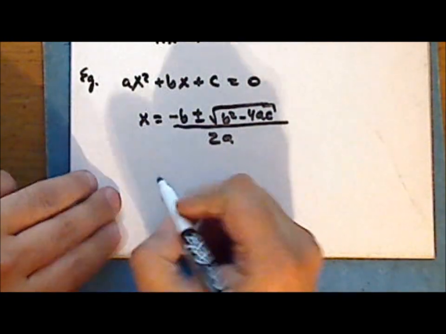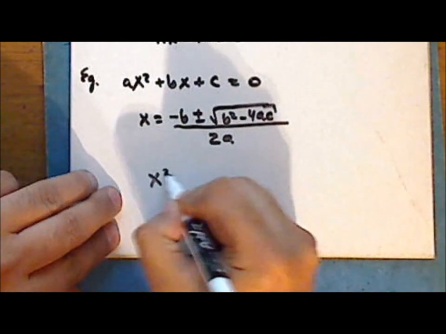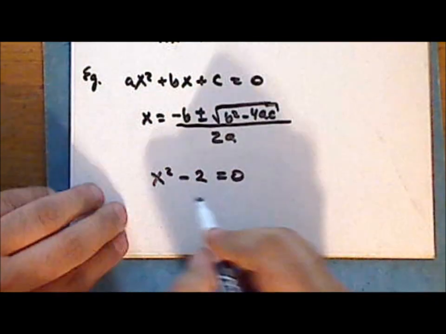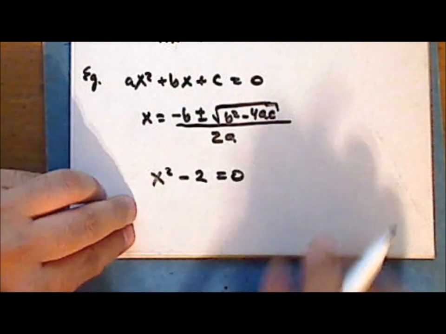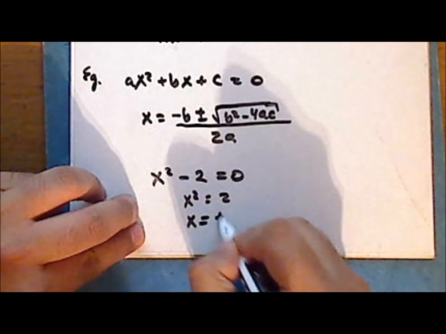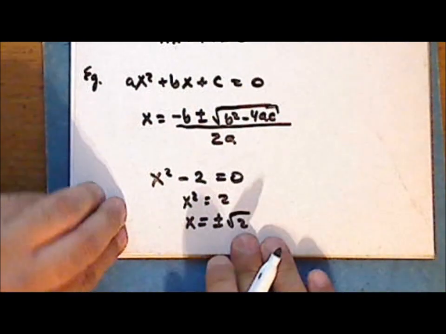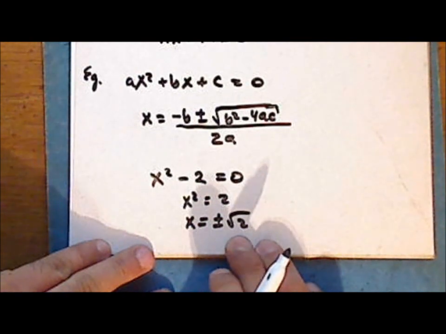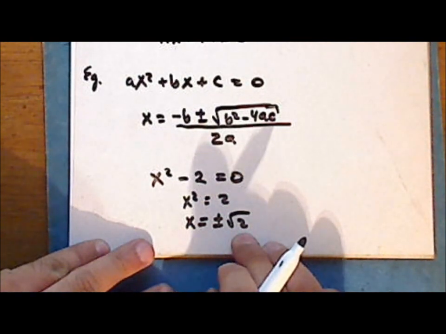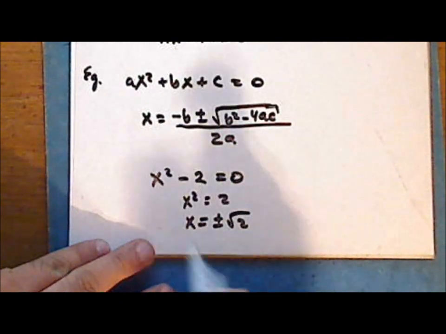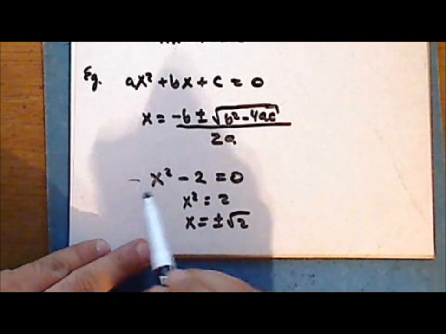For example, the equation x squared minus 2 equals 0. If we solve this equation, we have x squared equals 2, so x is plus or minus the square root of 2. So this irrational number, which is a root of an integer, or a rational number in this case, is the solution to this very simple quadratic equation.